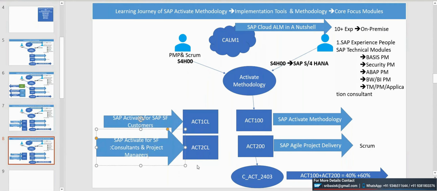So this is going further. Mostly SuccessFactors is completely a cloud solution. For this point of view, SAP recommends that whenever you come to any Activate-related course, there is no separate course. You can simply say S4P01, S401, and S4P01, that's it.